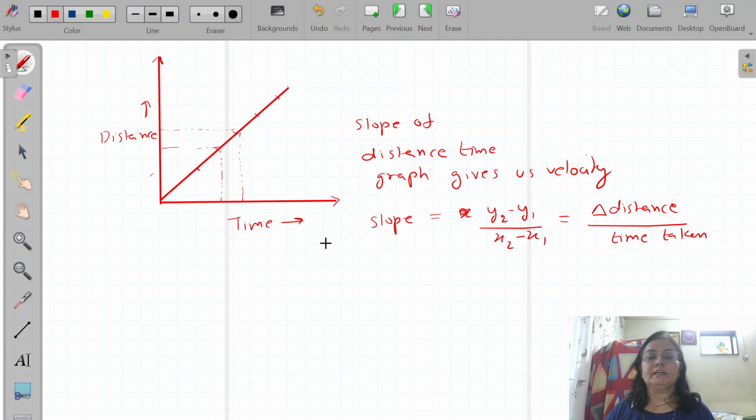So slope of the distance time graph gives us velocity.